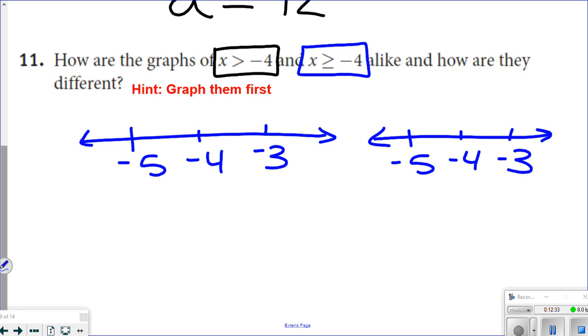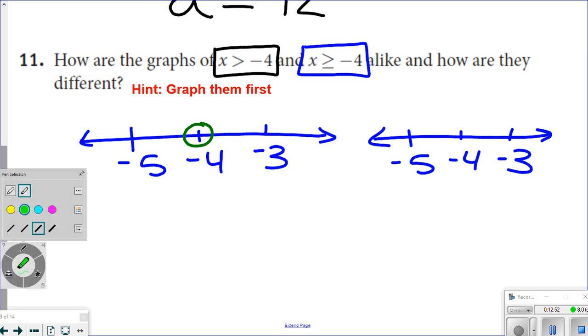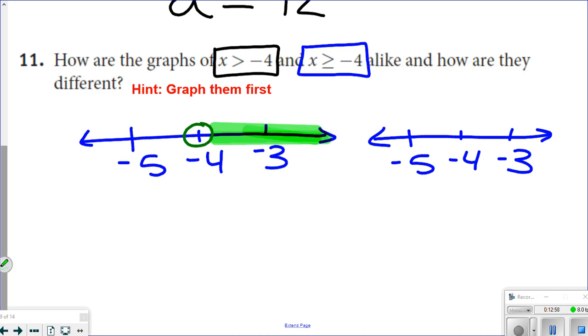So the first one, x is greater than -4. So I know I need to have a circle at -4. I'm going to leave it open, and I need to shade x values, numbers greater than that. So we're going to shade towards our -3, -2, 0, 5, and so on. Those numbers are greater than -4.